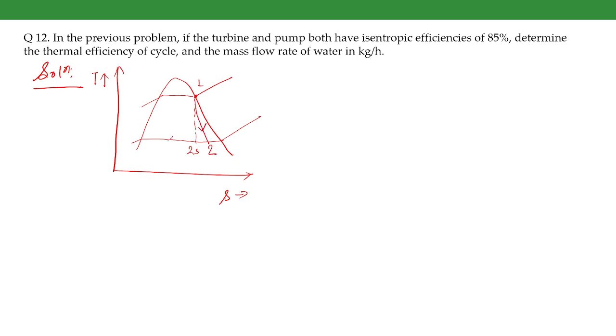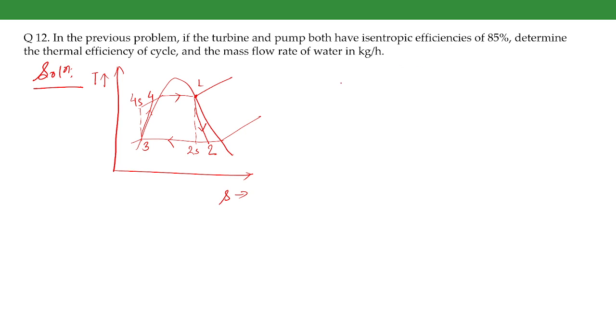From 2 to 3 it is the same. Then from 3 to 4 it was supposed to be something like this, but it will go something like this. This is 4 and this is 4s. So this is the change in the cycle.